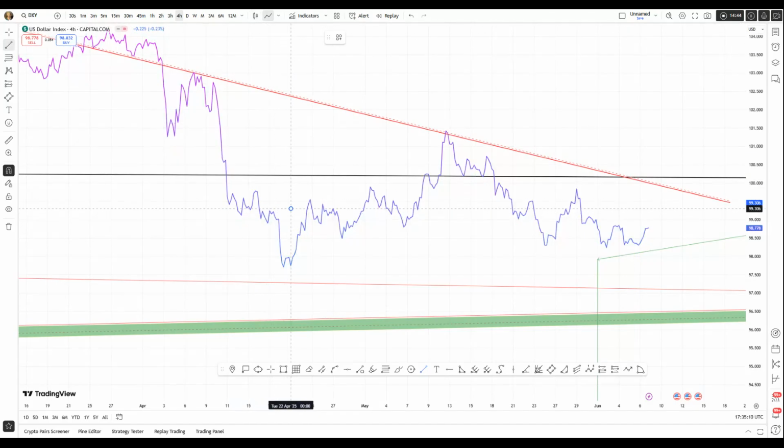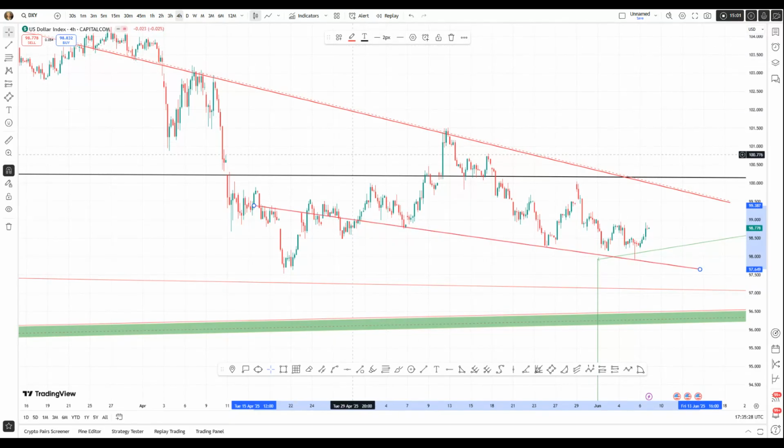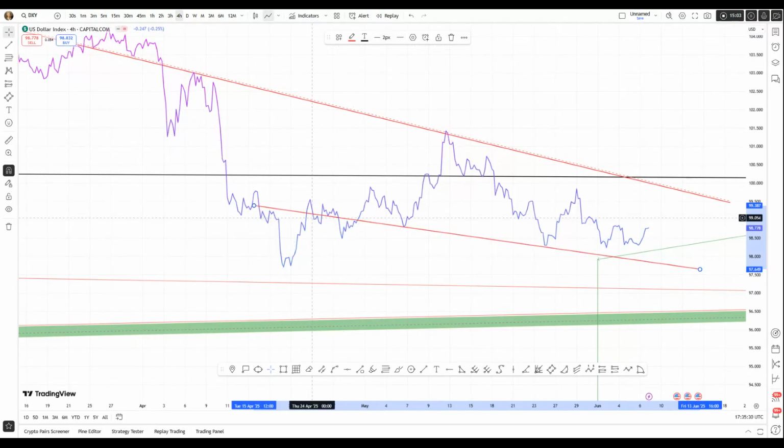There is a structure at this level. So you can see that structure at that level. I saw that structure and I posted it way back. Let's go back to appreciate it.